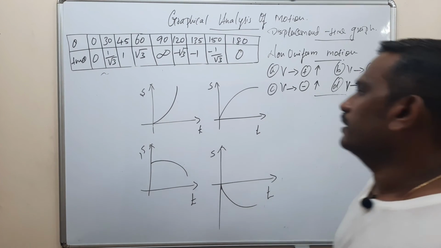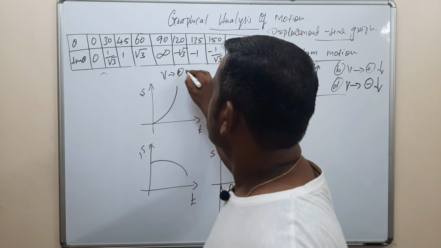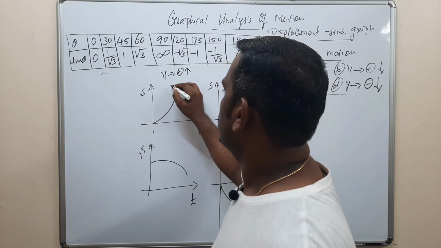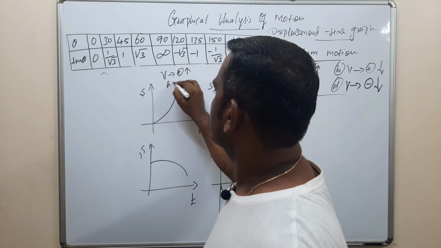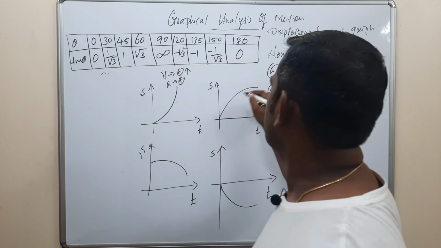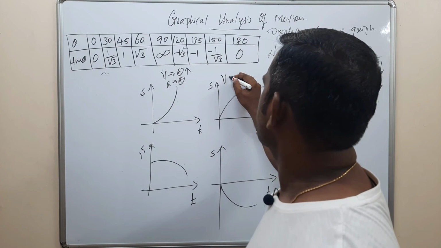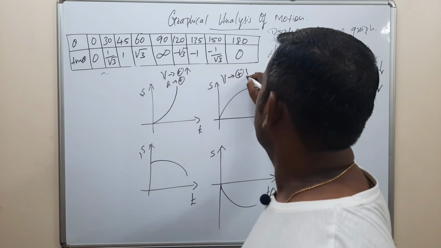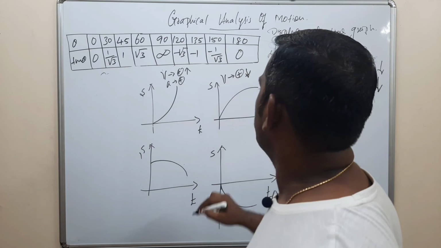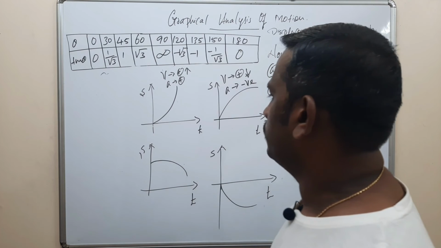Nice. Here velocity positive increasing, acceleration positive. Velocity positive decreasing, acceleration negative.